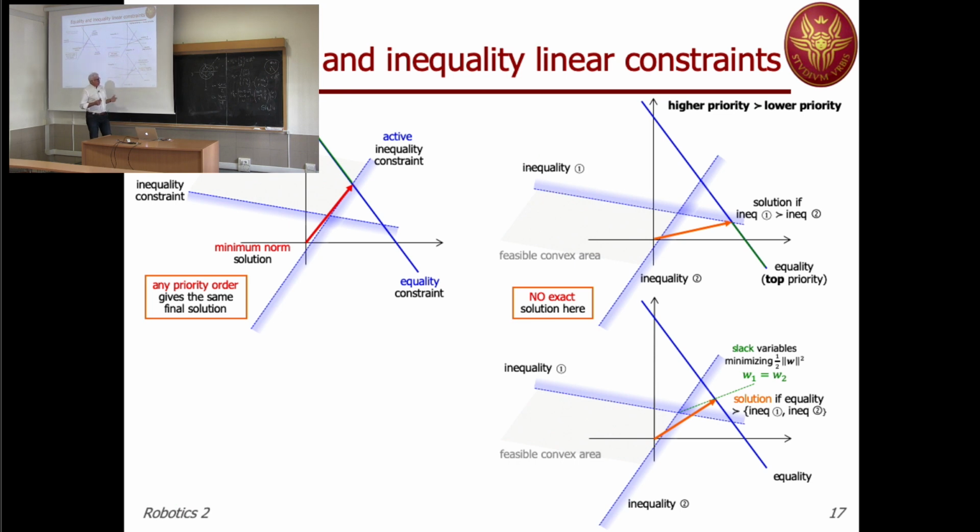Since we make no difference between the two, we will certainly find a solution which is on the top priority constraint, the equality, but then we will find a solution that in this case violates both: for this inequality, we are on the right-hand side, we should have been on the left-hand side, and for this inequality, we are on the top side, we should have been on the bottom side.